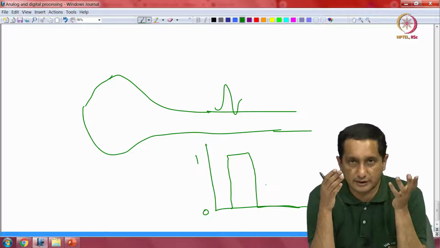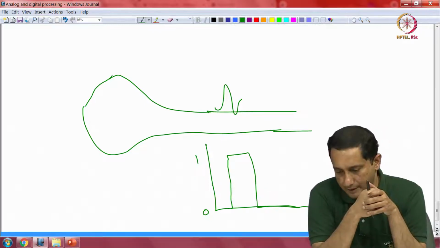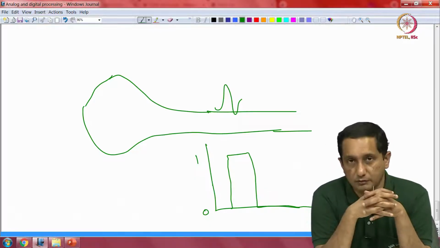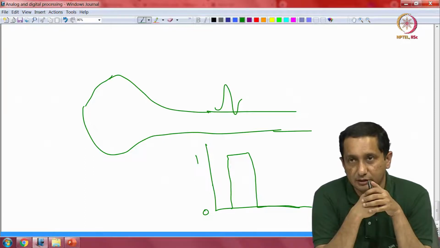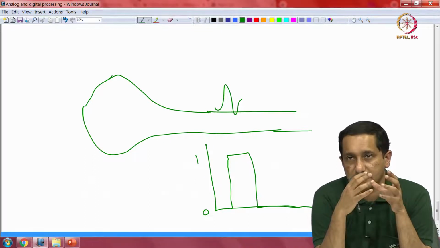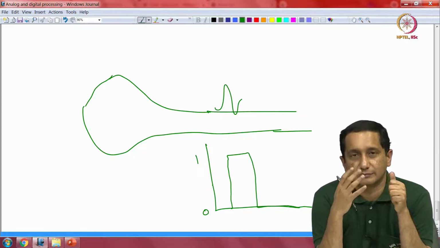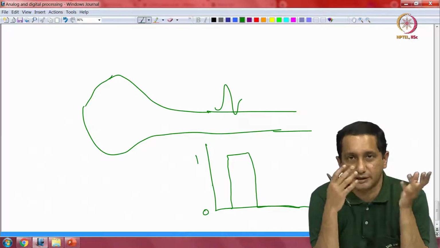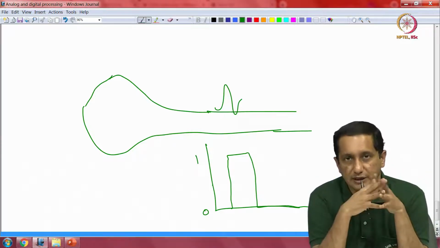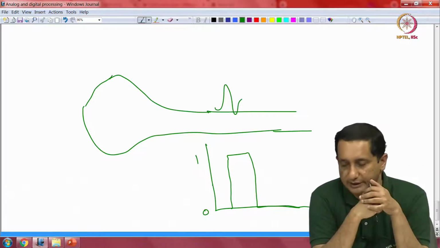So, this is a very distinct representation of how digital or the binary system of implementation has been looked upon by evolution and maybe the nervous system for whatever particular reason.